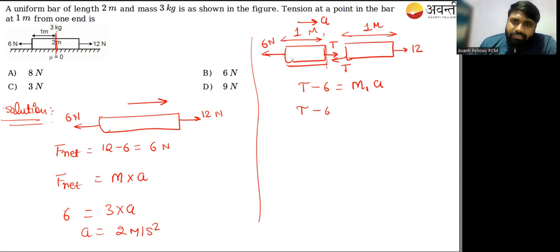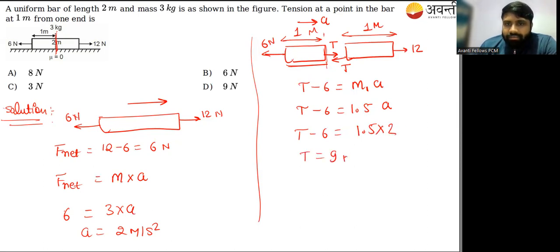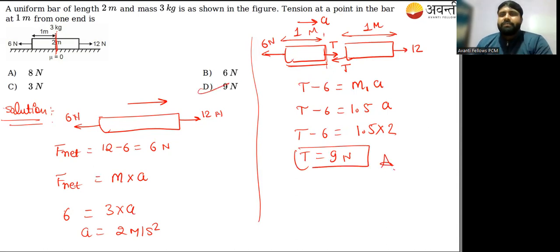So T minus 6 will be 1.5 kg into A. A we have already calculated as 2. So T will be 9 Newton. Option D is the correct one.